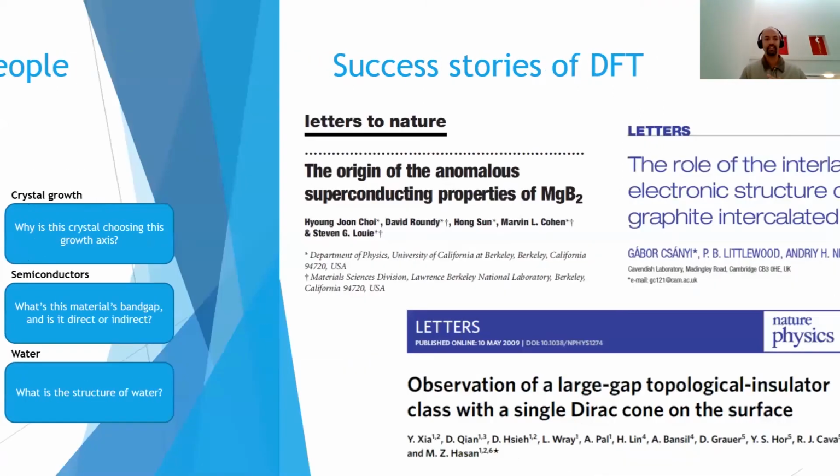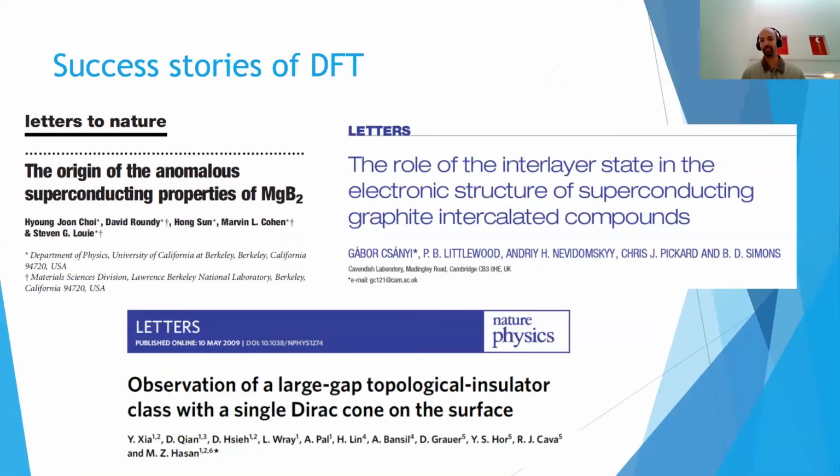Success stories. When I say success stories in science, we're obviously talking about Nature publications, Science publications, recognition of someone's achievements, a prize like the Nobel Prize or any of those prizes. So I'll just mention a few examples here. MgB2 is a superconductor.